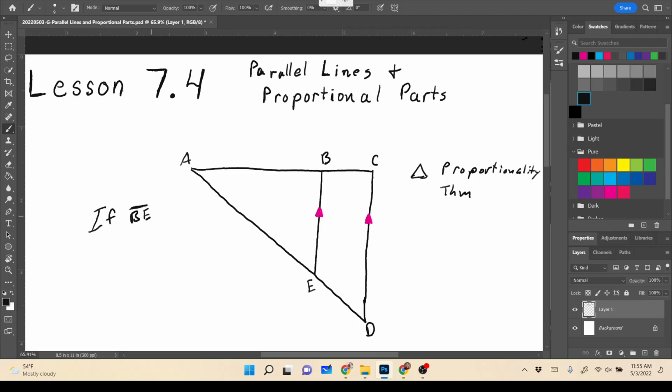We're officially writing it, is parallel to CD, then the measure of AB over the measure of BC equals the measure of AE over the measure of ED.